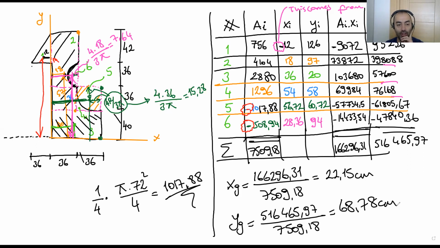If you change the location of x and y axis, you are gonna get different numbers. That doesn't mean you are doing wrong. You are calculating according to that axis. Okay, it depends on you. So here, the center of gravity is where, let me put a mark there.